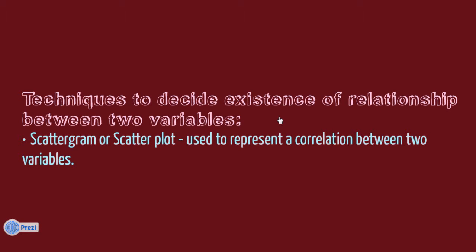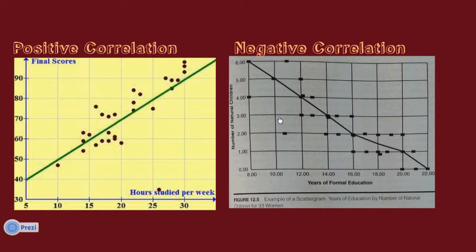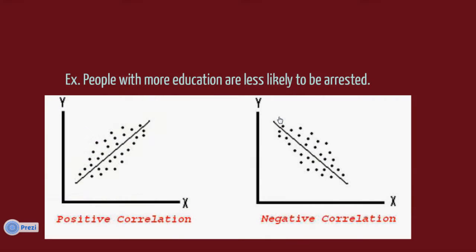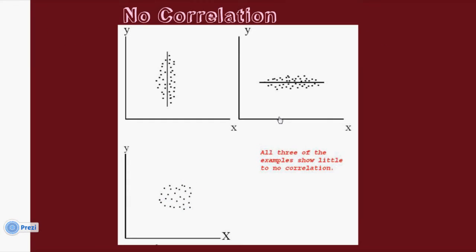First is the use of scattergram. The positive correlation denotes direct correlation, while the negative correlation denotes the inverse correlation, while no correlation shows that they don't vary together.